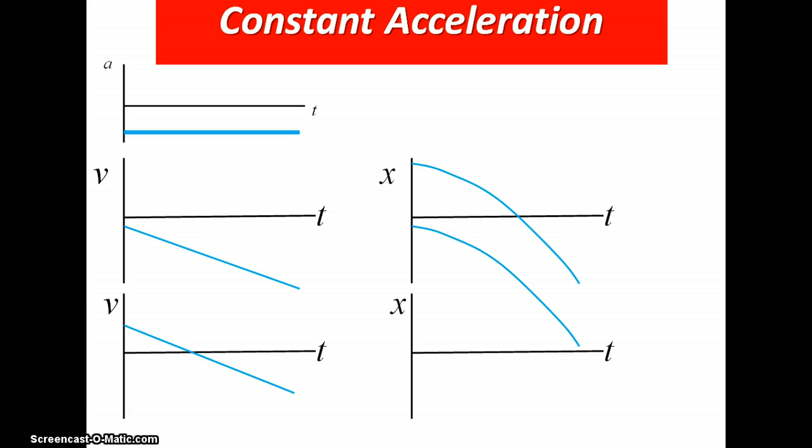I want the slope to start off positive, get smaller to zero, and then become negative, something like that. Or I could again shift it downward, still satisfying the requirement that velocity starts off positive, decreases to zero, and continues to decrease negative.